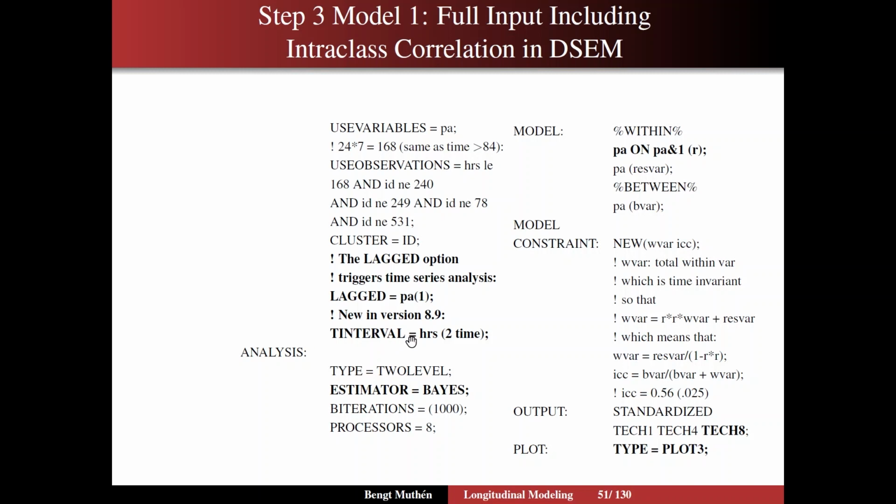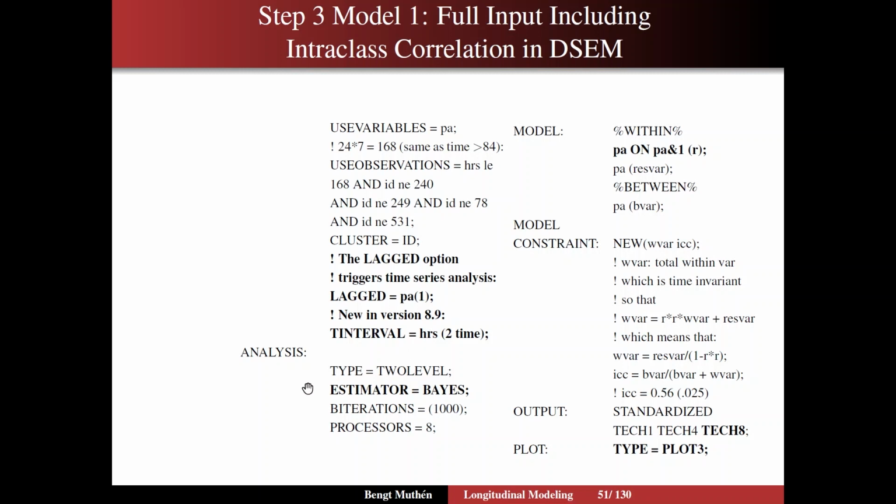So here we take the hours variable in the data and say that we want to use T-interval equals 2. And the new variable that is going to be used for the analysis is called time. So the user gives that variable name and can choose any variable name there, but hours is the time variable named in the data.